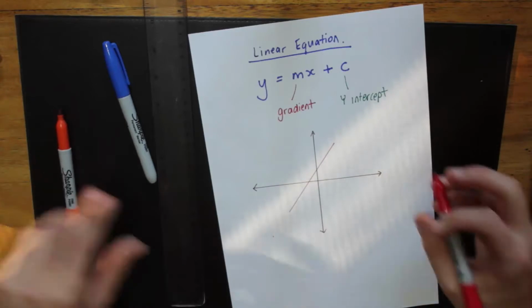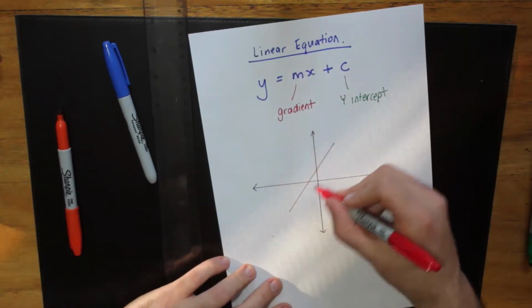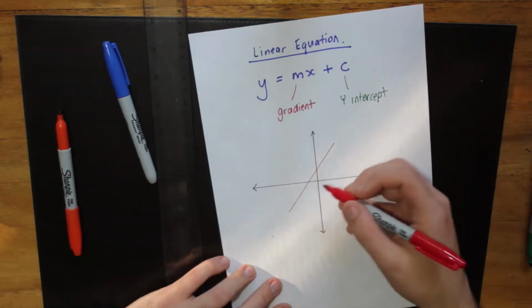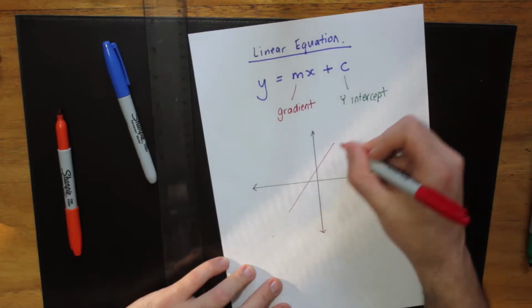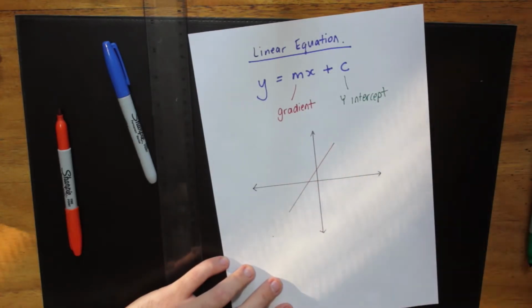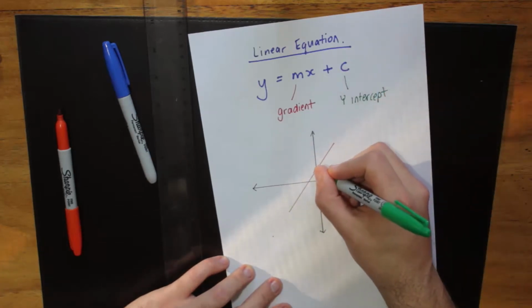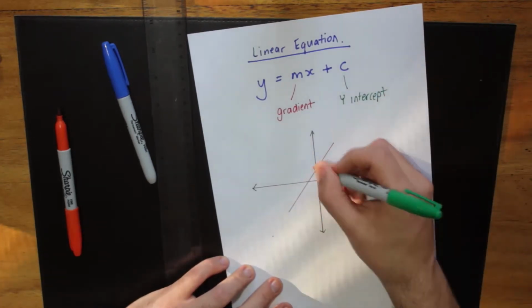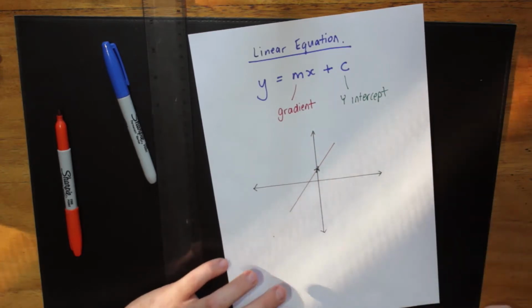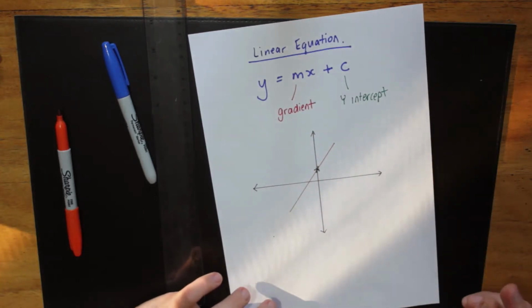Our gradient represents the slope of the line, and our y-intercept in this equation represents where that line crosses through the y-axis. And that is our linear equation.